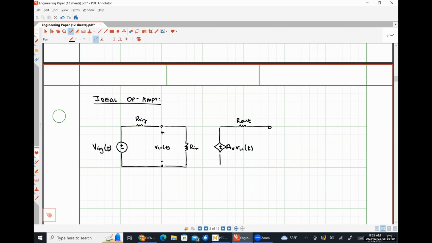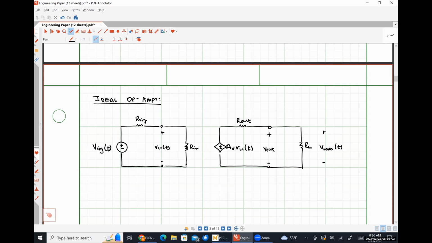And then across our output terminals, we had some load, RL like so. And the true output, as it were, of the system was that voltage drop across that load. Okay.